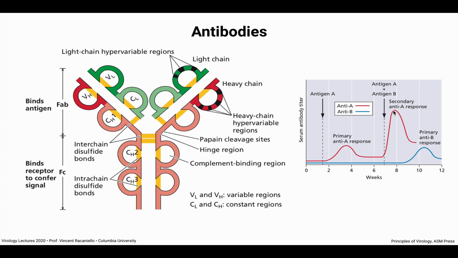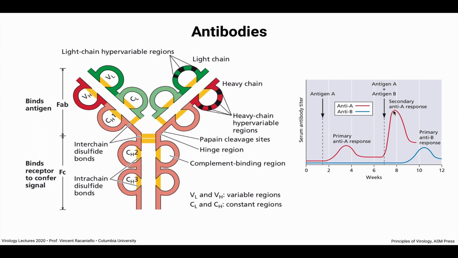Making that first response requires recombination and rearrangement of antibody genes, a subject covered in any really good immunology course, and often somatic mutation of the antibody genes to give a high affinity antibody, and that takes time. But the cells that are produced by that, they remain as memory B cells, and so when the antigen is encountered again, you can have a very rapid and more substantial response.